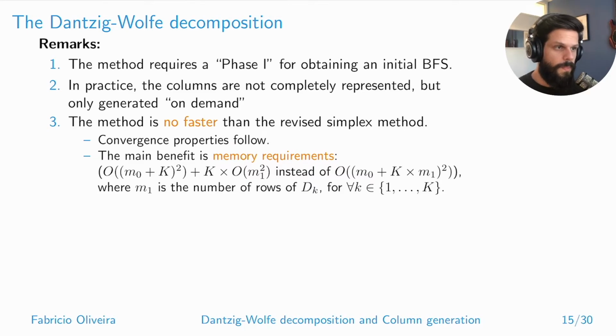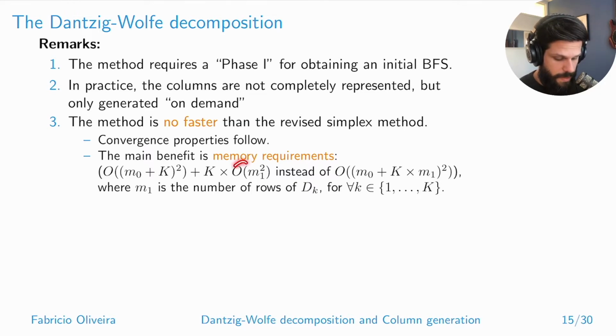So if you think about the space you are occupying with the structures you're considering, it is something on the order of the matrix of the main problem plus K subproblems, with the space taken by this M2 being the number of rows, and this is M1 squared, M1 being the number of rows of your subproblems, because you're solving that small subproblem only with the D's.